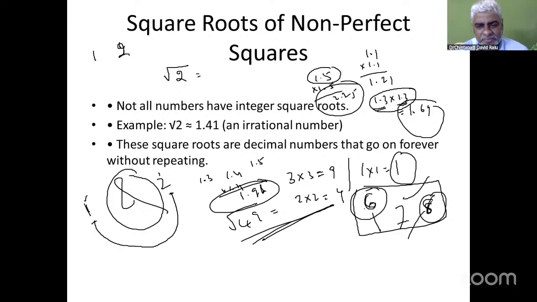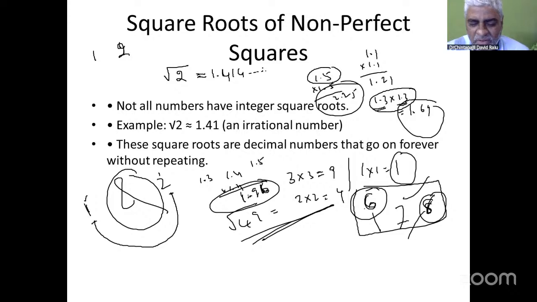It may not be equal to 2, but it is approximately equal to 2. 1.96 is just 0.04 less than 2. So the square root of 2 is approximately 1.4. If we go on with this process, we will get 1.414, and so on.